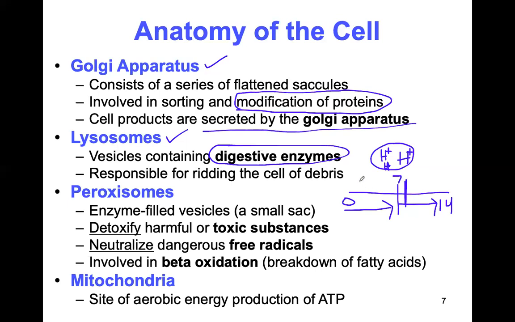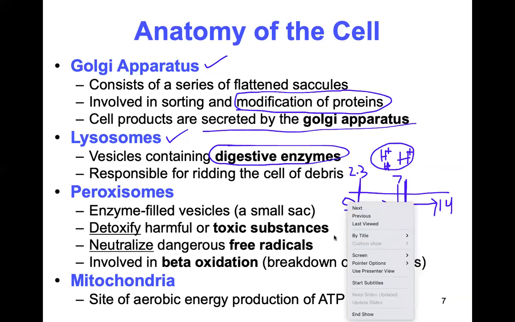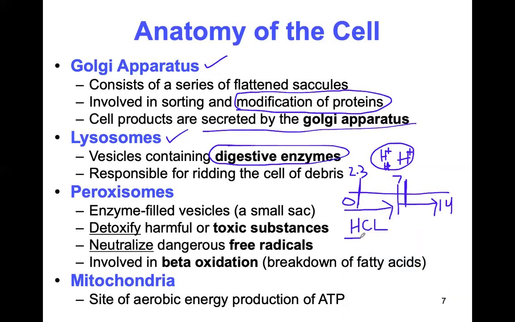But your stomach pH could be somewhere here, which is like 2.3, which is acidic because of all the hydrochloric acid we have in the stomach. But if we look at hydrochloric acid, we see HCl. H is for hydrogen, hydrochloric acid. The more hydrogens, the more acidic.